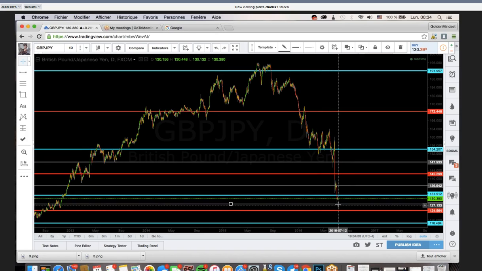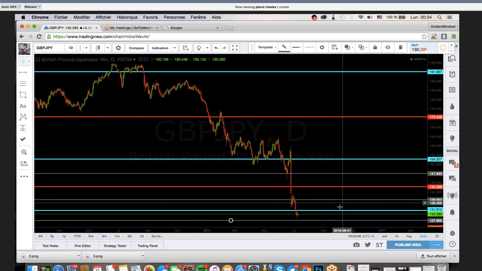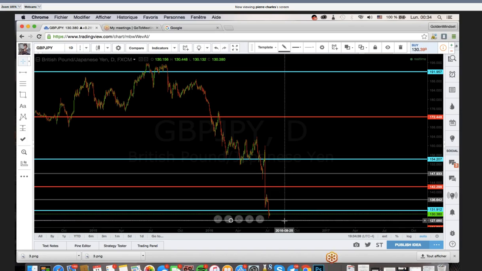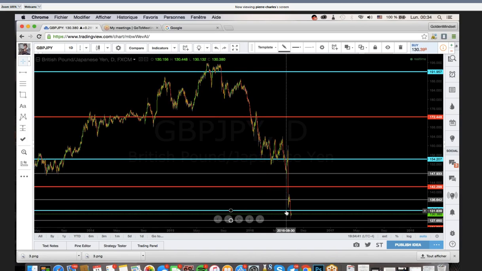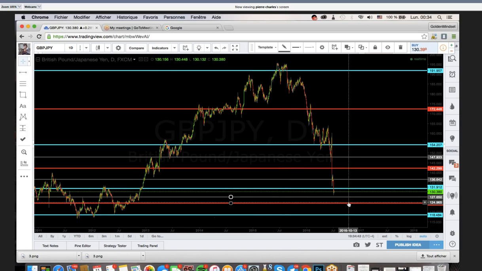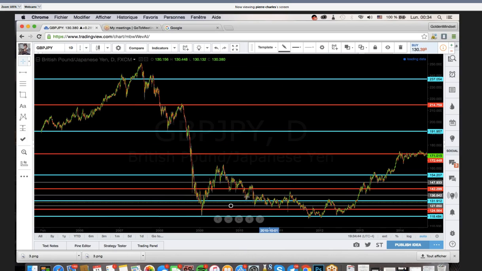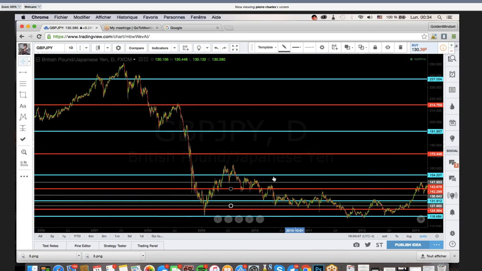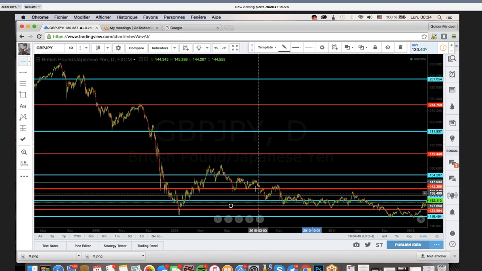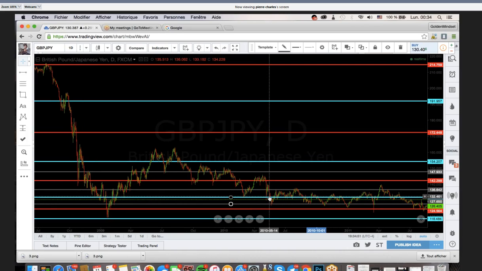It might just break it and go to 124. But I'm just getting ready for a retracement to the monthly level and then breaking down to the weekly level. But if we look in the past at what happened before, look, it broke the level, went to the daily level, went back up, back down, and boom.